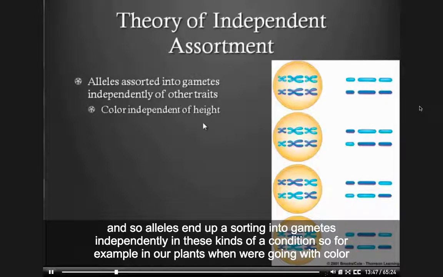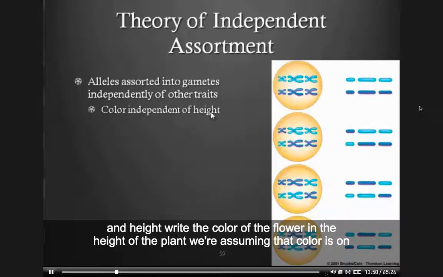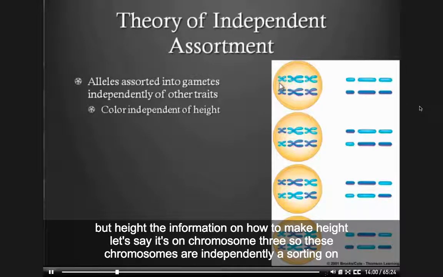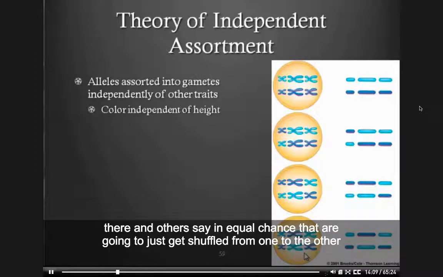So for example, in our plants, when we're going with color and height, the color of the flower and the height of the plant, we were assuming that color is on one of these chromosomes, let's say chromosome 1, but height, the information on how to make height, let's say it's on chromosome 3. So these chromosomes are independently assorting, and there is an equal chance that they're going to just get shuffled from one to the other and get pulled together.